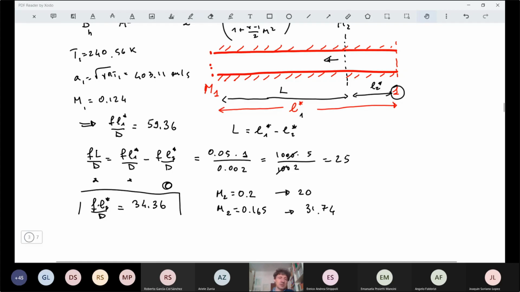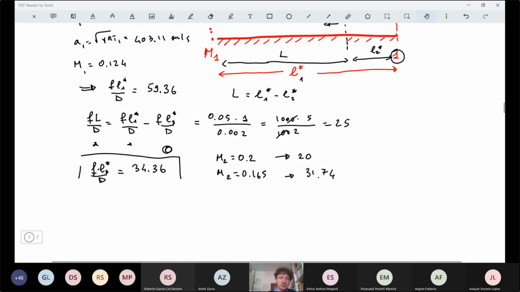So we are closer, but we still have to reduce the Mach number because we have to increase the distance with respect to the choking position, and we can make further attempts up to reach the final value, which is M2 equal to 0.1593. That yields our 34.357, which is the correct one.